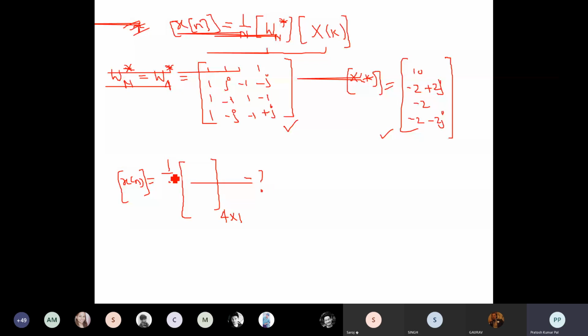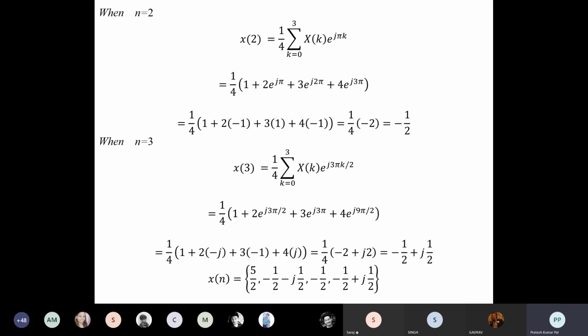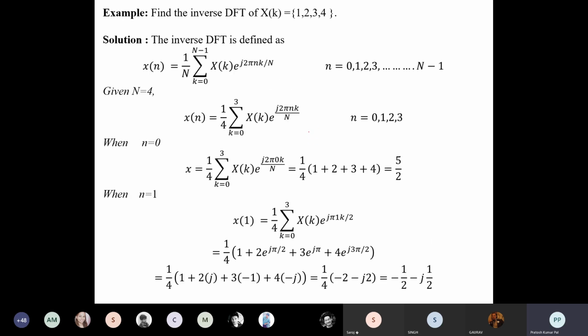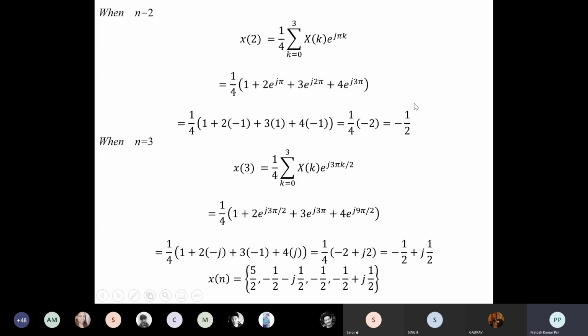So from there we can find out how the matrix method can be used for calculation of DFT and IDFT. Okay, so this is the same example that we have gone through. So just go through the example, like how it was calculated. One example is given. Okay. So for different n values 1, 2 and 3 we will be calculating. So then get the next slide. Okay.